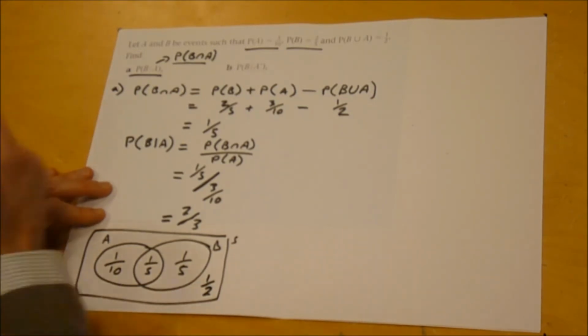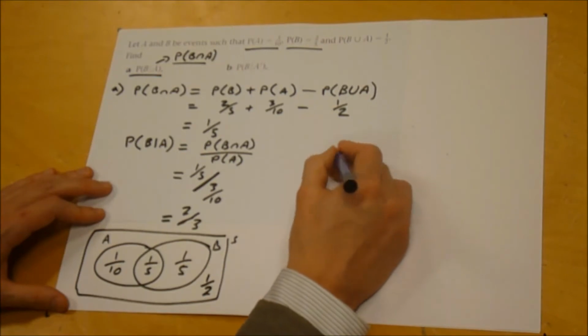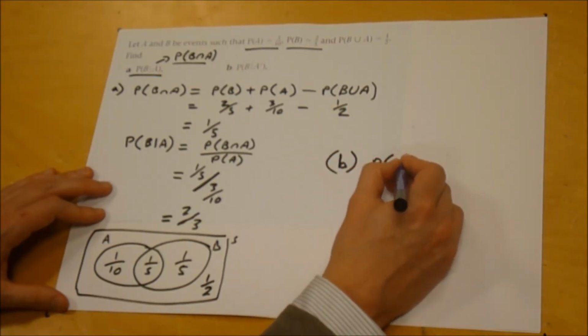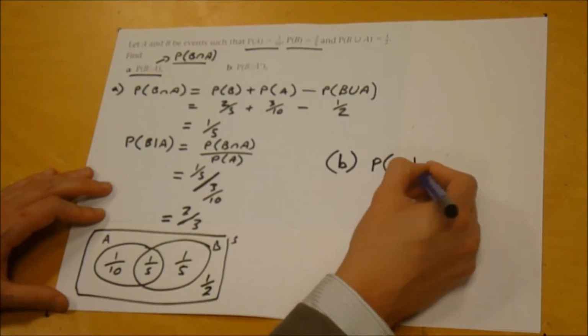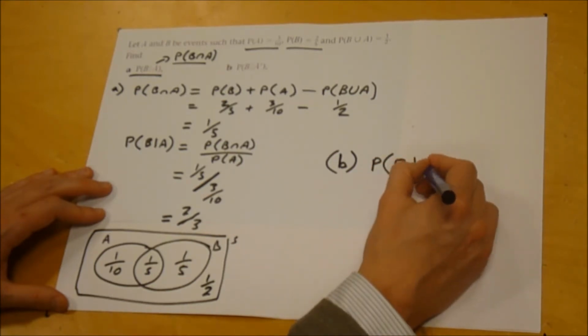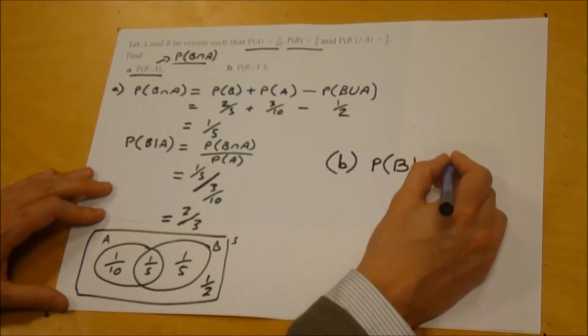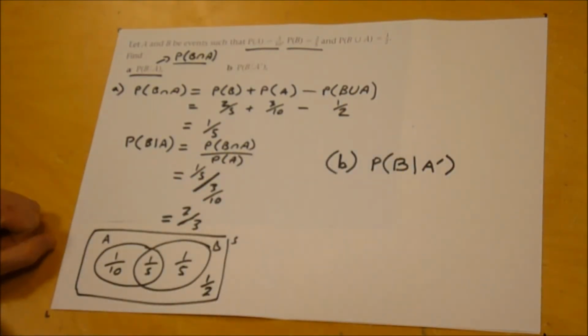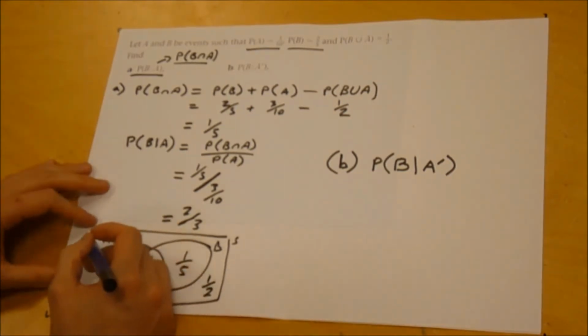Now for part B, we'll do this down here. It asks me for the probability of B occurring given that A has not occurred. Alright? So I know that A has not occurred, so I want all the space where A has not occurred.